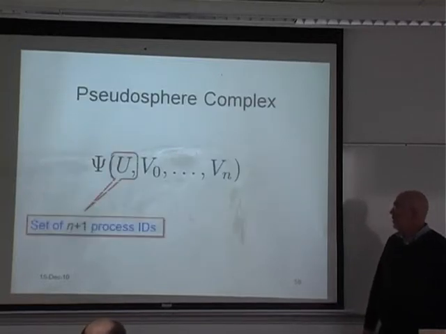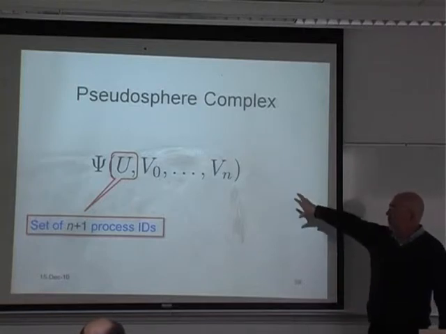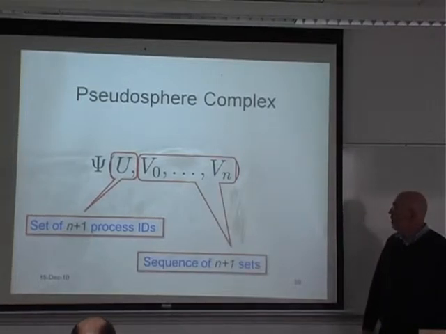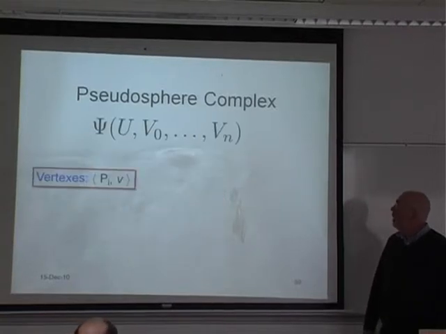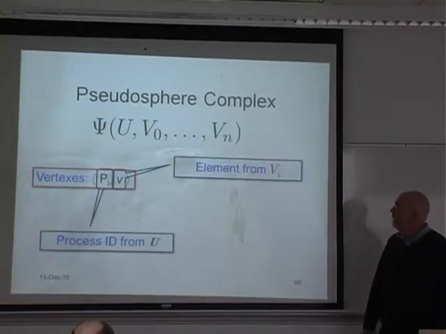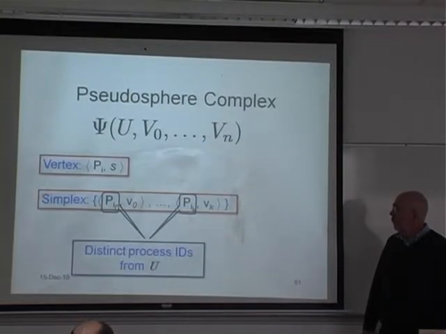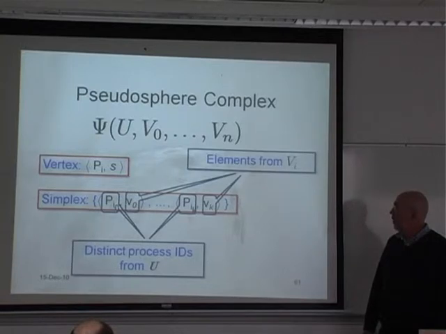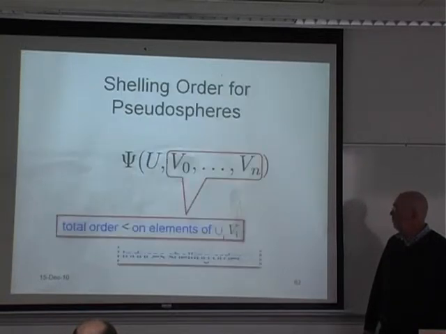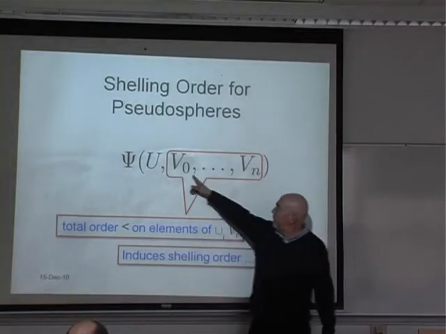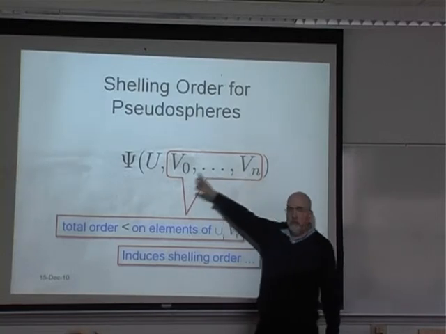Then we looked at pseudospheres. Remember, we have a set of n-1 process IDs, and this is important because a lot of the applications are going to be just unions of pseudospheres. We have a sequence of sets, one per process, and they might be the same. A vertex is a process and an element from V_i, and a simplex has distinct process IDs and elements from each V_i.